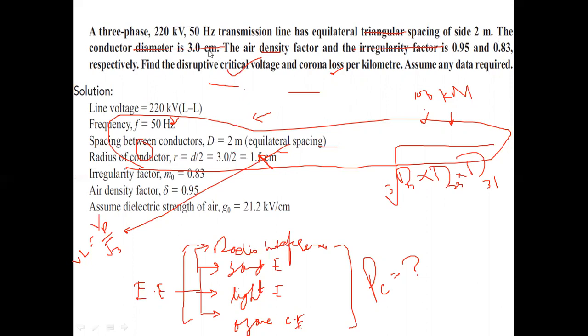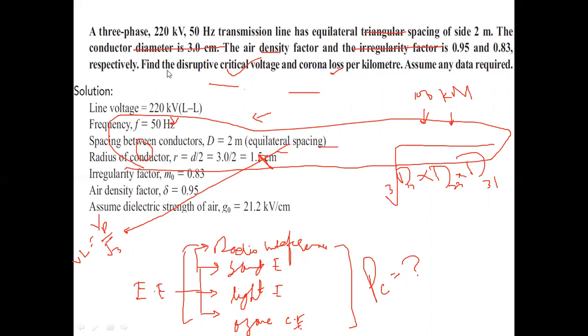The conductor diameter is 3 centimeters, and we need the radius, so we divide by 2 and get 1.5 centimeter radius. The air density factor and the irregularity factor are 0.95 and 0.83.